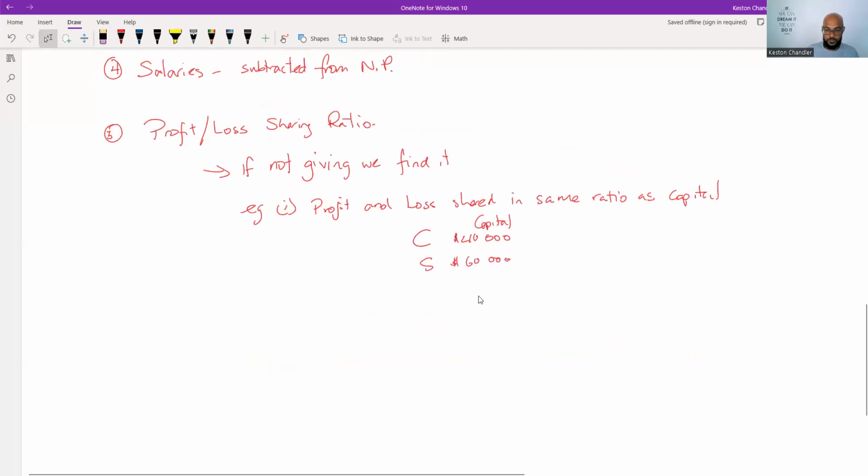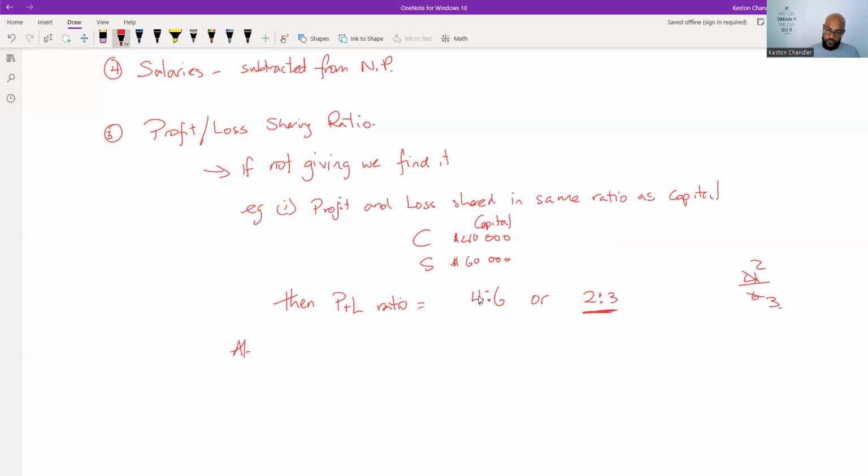Then the profit and loss ratio is 4 to 6, and we could reduce this to 2 to 3. Right? How do we reduce it? 4/6, 2, 3. We prefer to use this one, the simpler ratios.